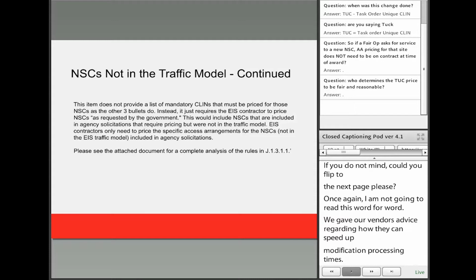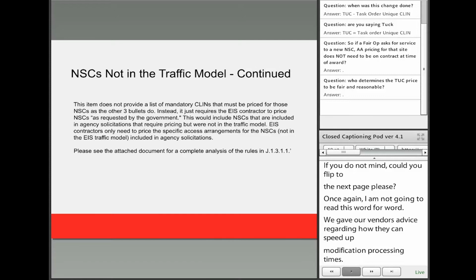That's not the case for a modification that is associated with an NSC that was not in the traffic model and is included in an agency solicitation. You can almost boil it down to they're submitting one price.